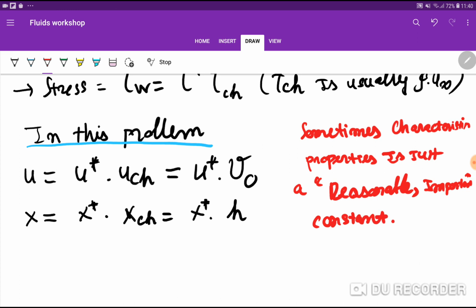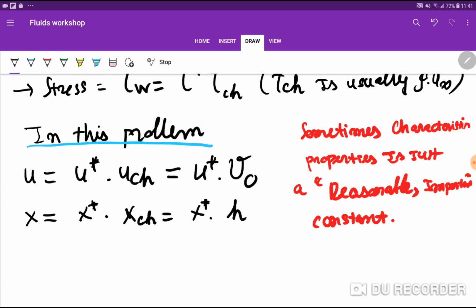So in this case, for UCH, the characteristic velocity, we have V0. It's a nice constant. We can pick that as a candidate. For XCH, we have H. H is like the bound, so it's a nice constant too, and it simplifies the length. We can pick that for the characteristic length, XCH. I think that's what comes to mind when the textbook creator creates these problems.